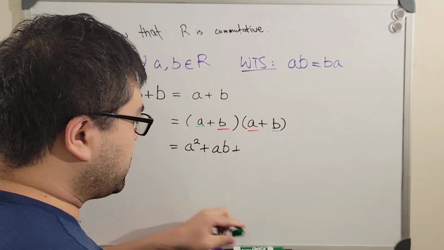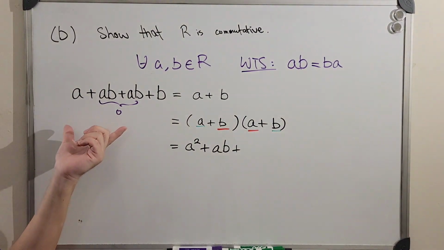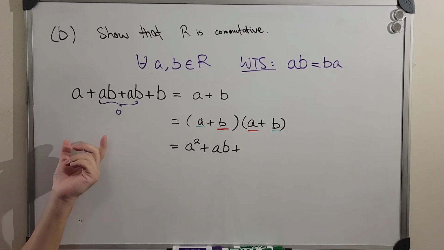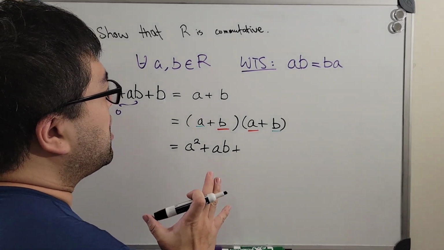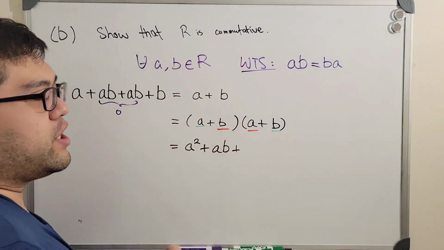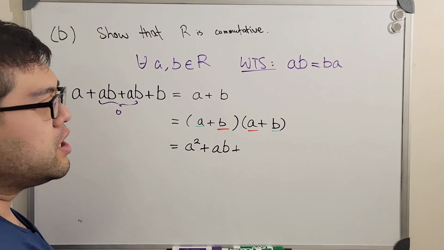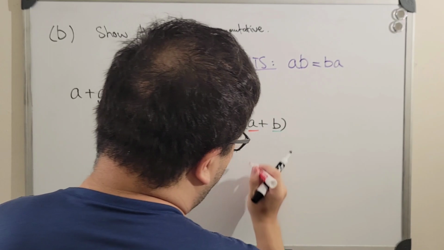And here is the reason why we cannot rewrite this after having A squared and B squared. We cannot just rewrite it as the square of something, because we did not prove that this ring is commutative yet. In other words, we cannot guarantee that B times A, or BA, is in fact equal to AB.